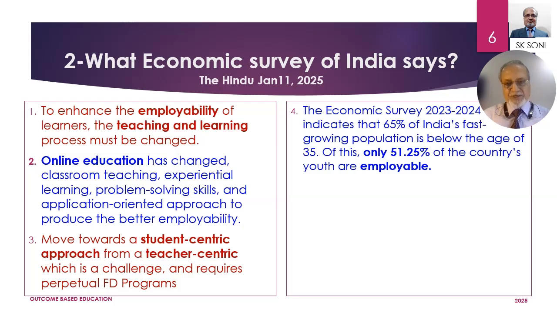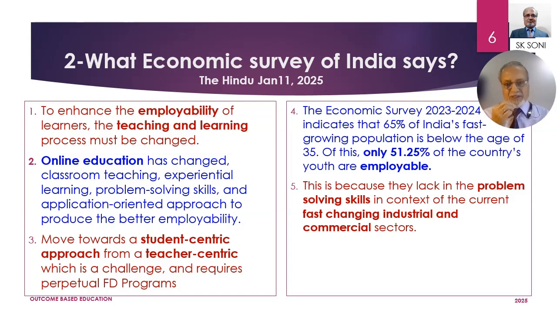The Economic Survey 2023-24 indicates that 65% of India's fast-growing population is below the age of 35. Of this, only 51.25% of the country's youth are employable. This is because they lack problem-solving skills in the context of the current fast-changing industrial and commercial sectors.